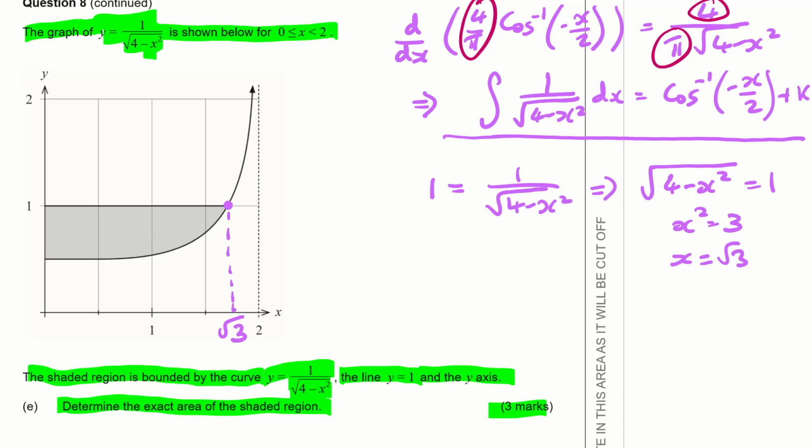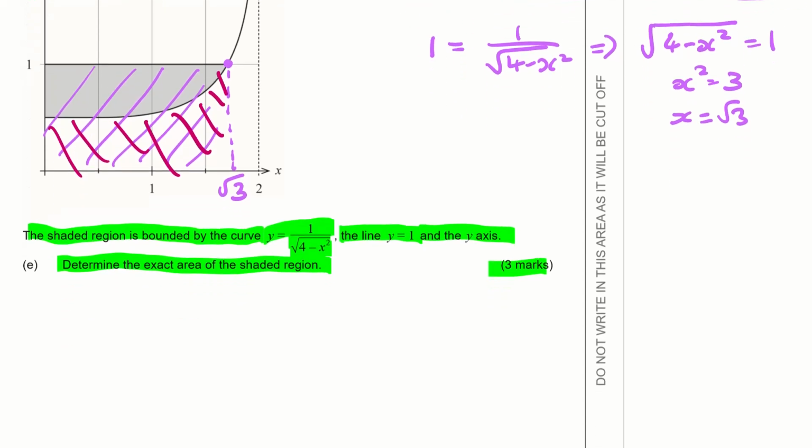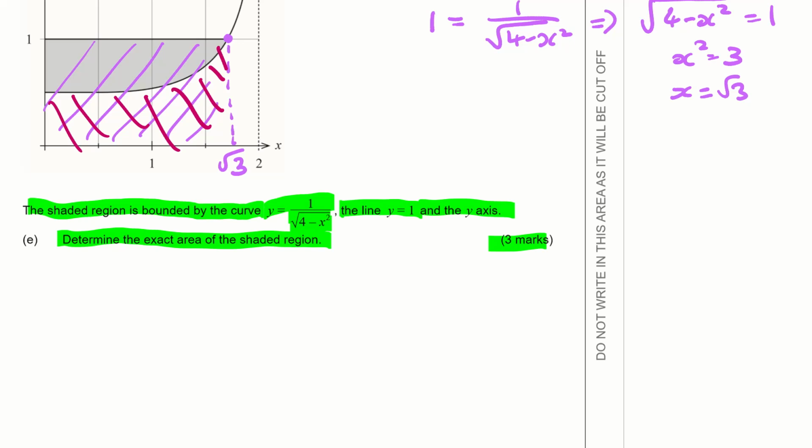And then the area that we want is going to be the area of the rectangle take away the area underneath the curve, and so we are going to have the integral from 0 to root 3 of 1 take away 1 over the square root of 4 minus x squared dx. And we know how to do all of that.